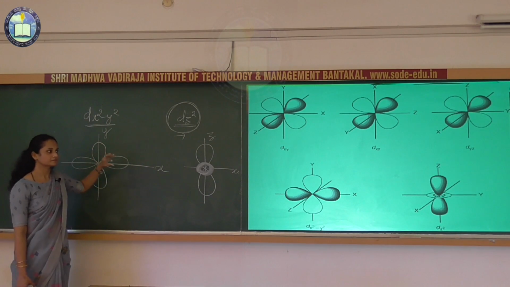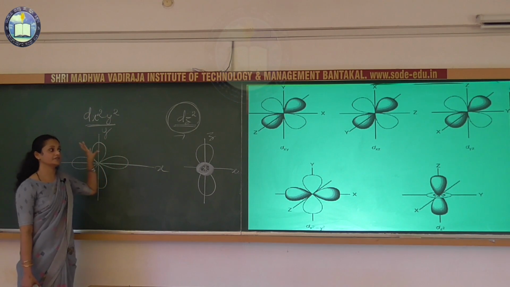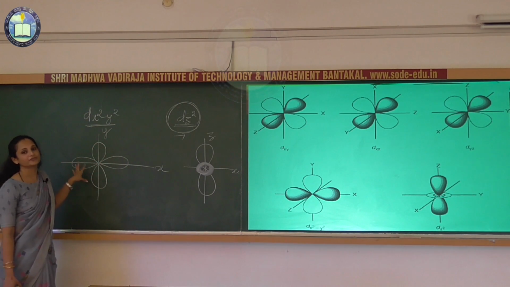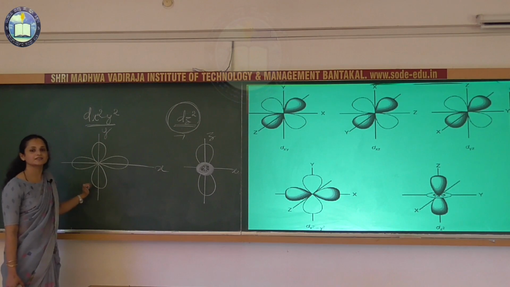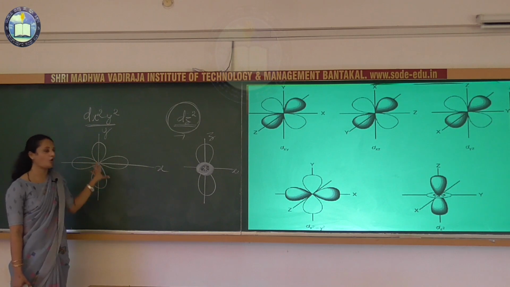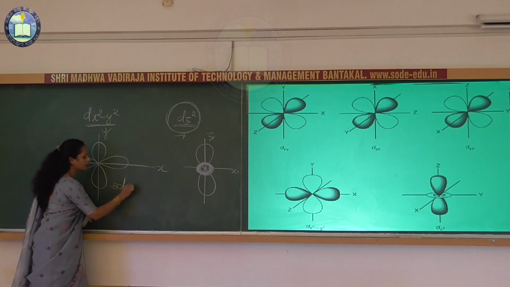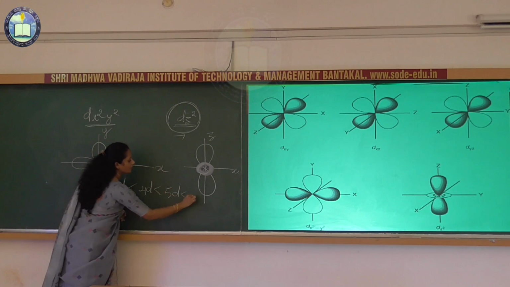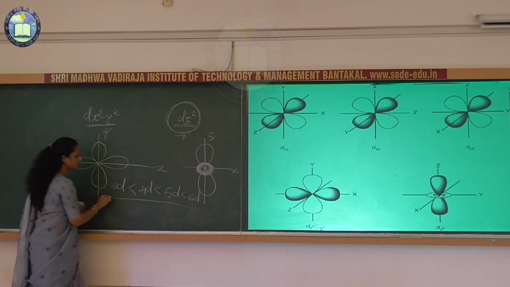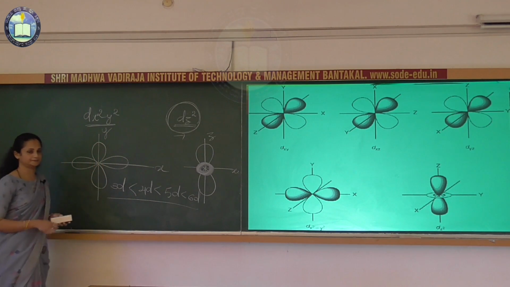In the same way, the energy increases with increase in the value of n. Energy as well as the size of these orbitals increases with increase in the value of n: 4d, 5d, 6d.